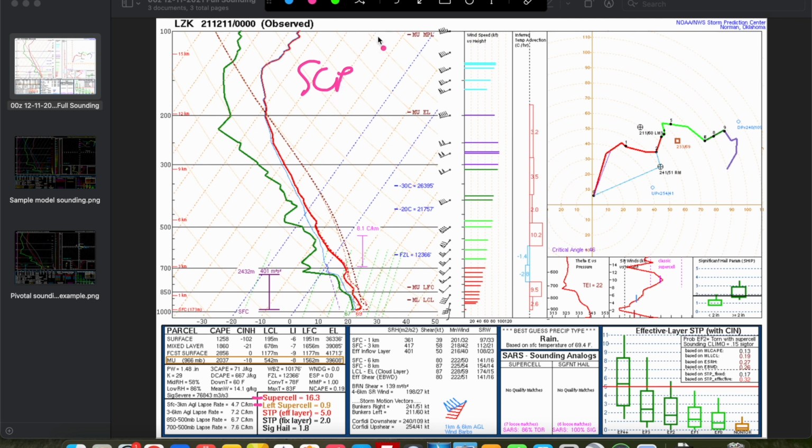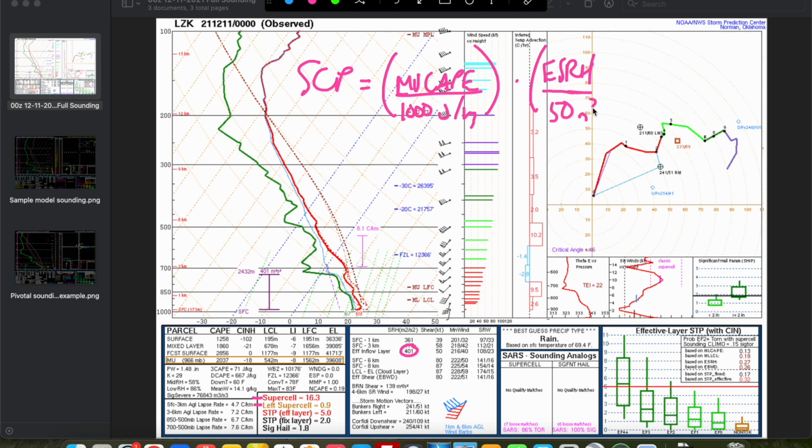And the way we calculate the SCP here, at least on the SPC soundings, is we take the most unstable CAPE, we divide that by 1,000 joules per kilogram. We then multiply that by the effective SRH, which is listed down in here, effective inflow layer SRH. We divide that by 50 meters squared per second squared.